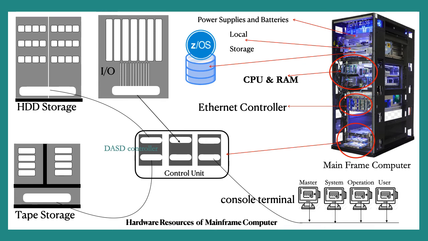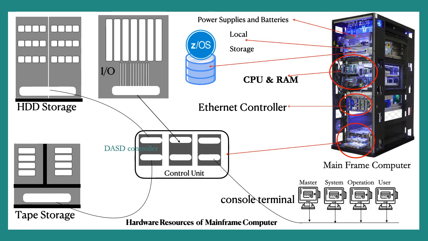The operating system is usually stored in this local drive. And here in the middle, you can see the CPU and RAM. In a mainframe computer, the CPU and RAM sockets are usually combined. There are purposes for that, and we're going to discuss that in the succeeding slides.